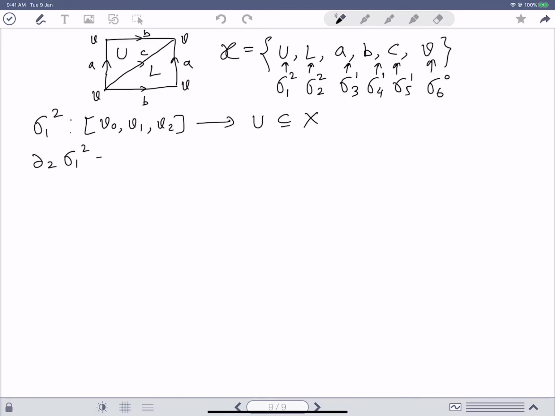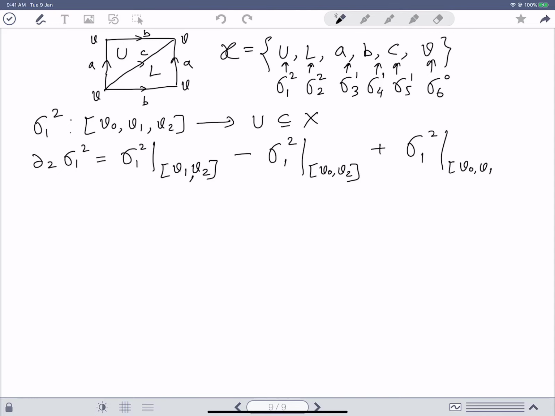It will be sigma 1 restricted over v1 v2, where first we miss v0, then a minus sign because of minus 1 to the power 1, then restricted over v0 v2, where v1 is missed, then plus, where two vertices are missed, sigma 1 restricted over v0 v1, where v2 is missed and it is minus 1 to the power 2, so we have a positive sign.